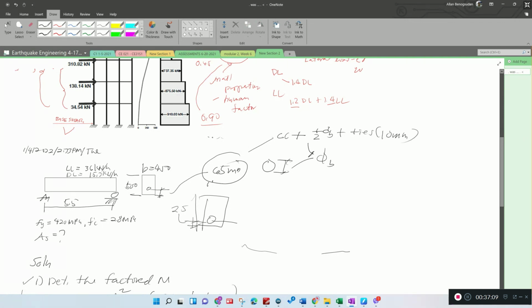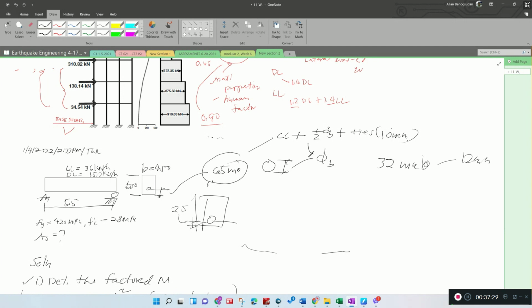And that 10 mm is only up to 30. What if that is 32? You are using 32 mm bars, so you will be using 12 mm. So these are the things that I think you have to review.